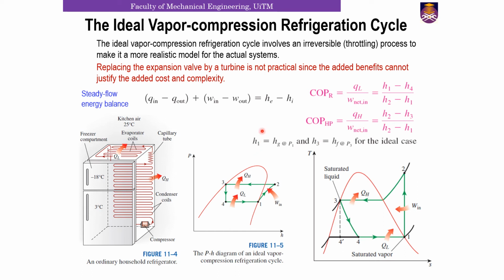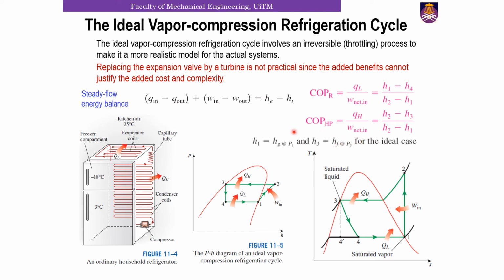Now bear in mind H1, which is located at the edge of the dome line here, is in the saturated vapor region. So you have to find Hg at this pressure P1. And if you look at your H3, H3 here is in the saturated liquid region. So you have to find Hf.